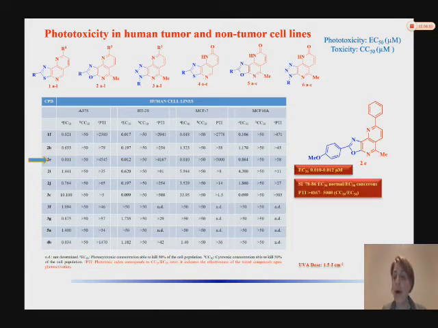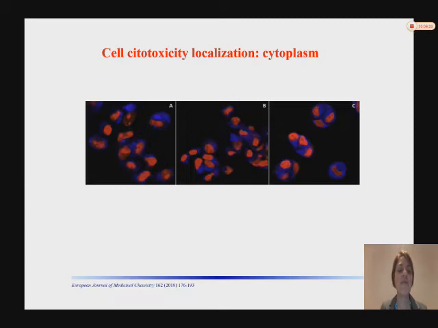It has also high selectivity index, which indicates tumor selectivity, and high PTI values, which indicates the effectiveness of the tested compound upon photoactivation. Thus, the most potent and selective compound 2E was chosen to investigate the mechanism of action of naphthyridines.